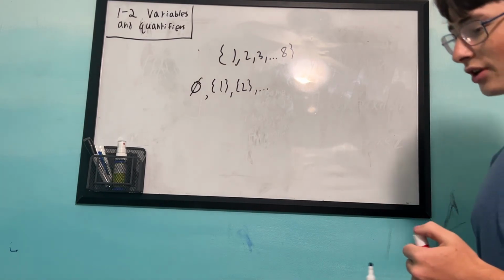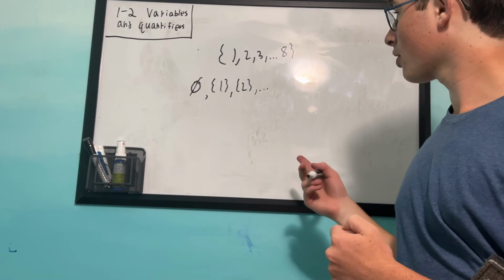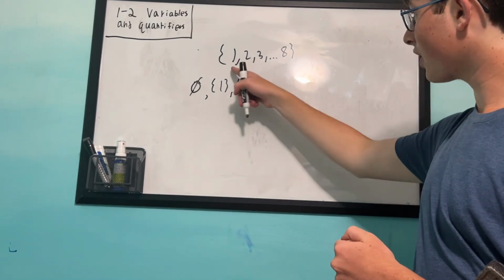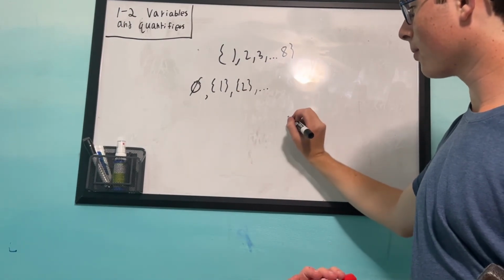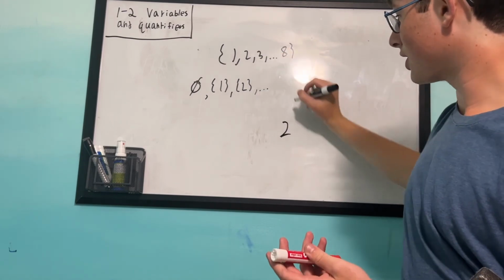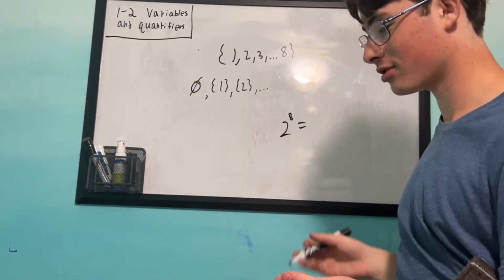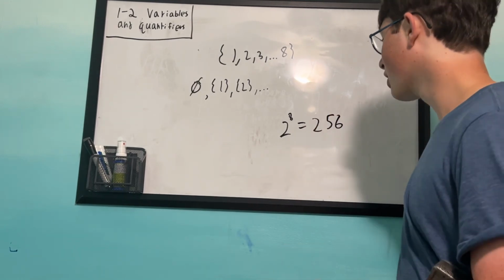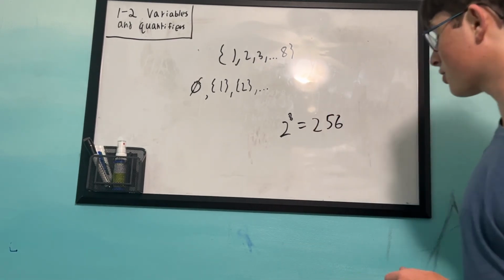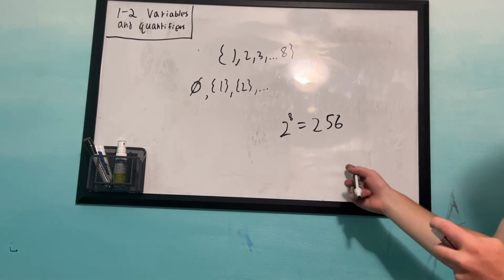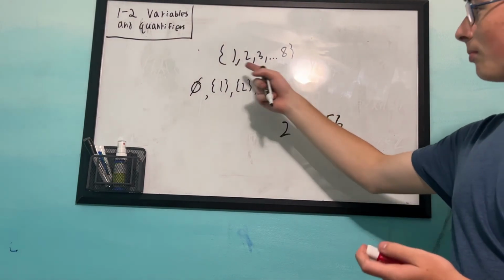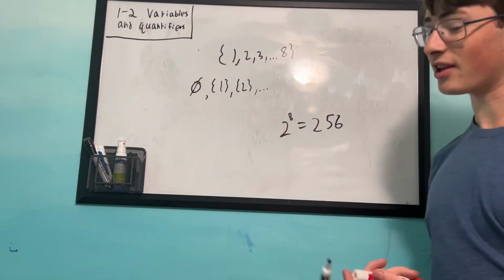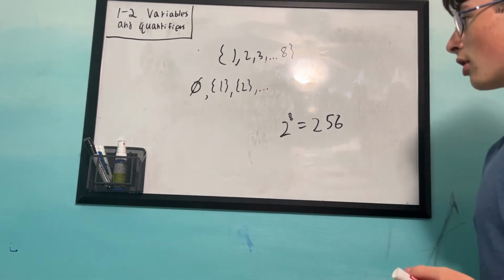Instead, you could use another trick: for every item in the set, so you have 8 of them, you take 2 to the 8, and I think that's 256 if I remember correctly. There's 256 possible subsets from this.